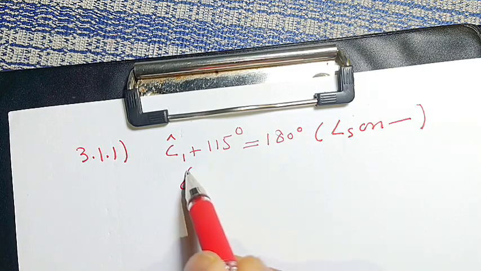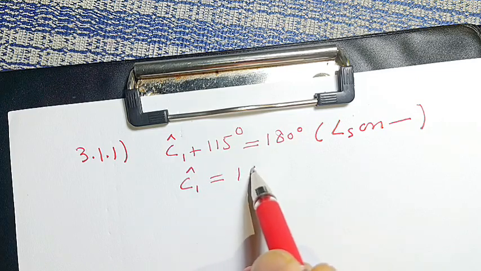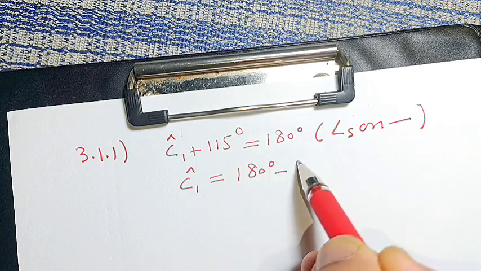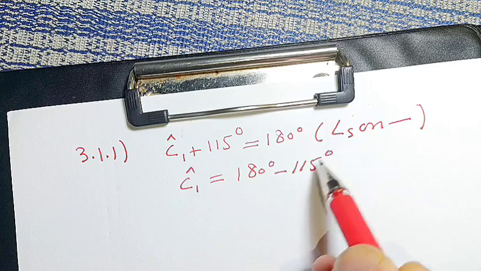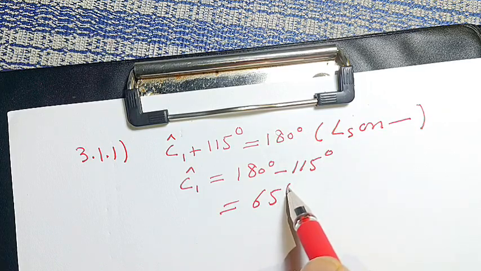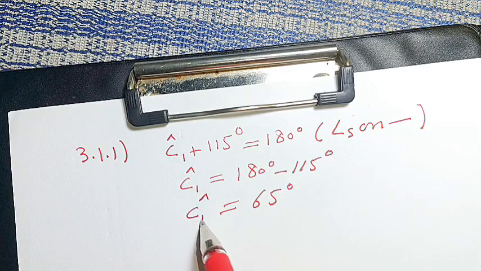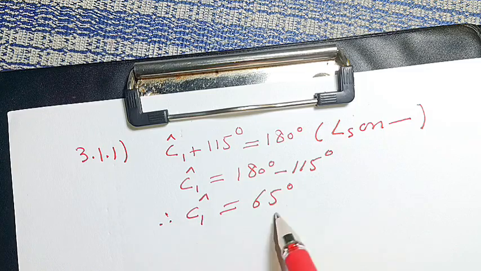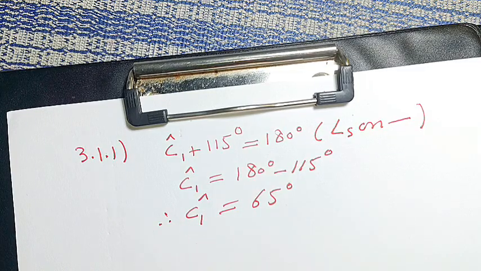So the angle C1 is equal to 180 degrees minus 115 degrees. When I switch over, this becomes negative 115 degrees. I simplify using the calculator, the answer is 65 degrees. Therefore angle C1 is equal to 65 degrees.